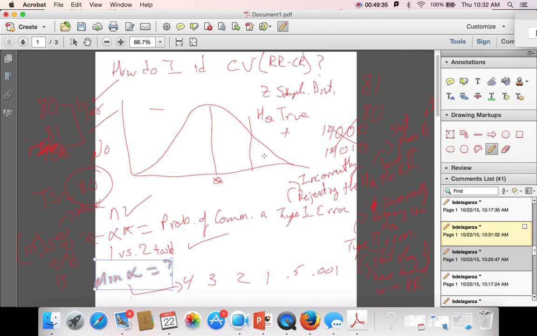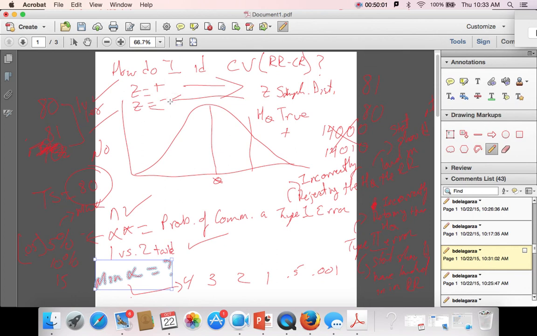So here, I want to look at the positive side of the distribution. Here, that's perfectly fine. But one of the things that you have to consider is the following. If you're looking at the positive side of the distribution, you're assuming that your stat's going to go to the positive side. So you're assuming in this particular case, for our example, that z would be positive. But what happens in the case where z takes a negative turn? So what happens in the case where z is negative? So you're looking over here, but in reality, you should have been looking over here.